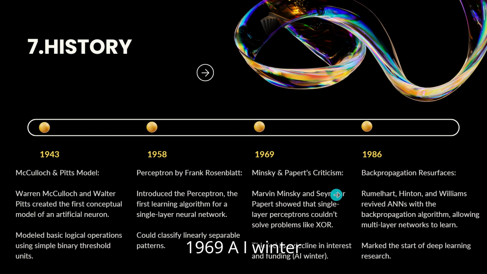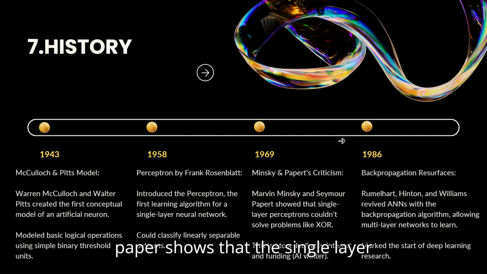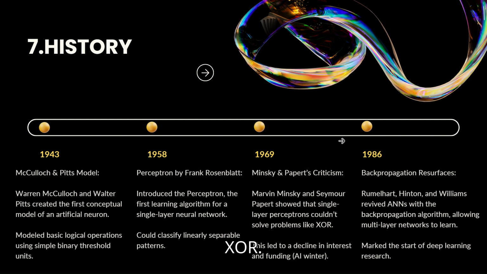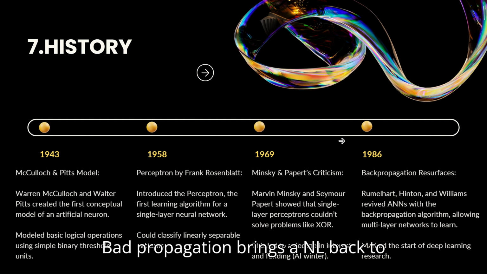And then in 1969, the AI winter begins. Minsky and Papert showed that the single layer perceptron couldn't solve problems like XOR. This led to the decline in interest and funding in ANN. Then in 1986, backpropagation comes. Backpropagation brings ANN back to the labs.